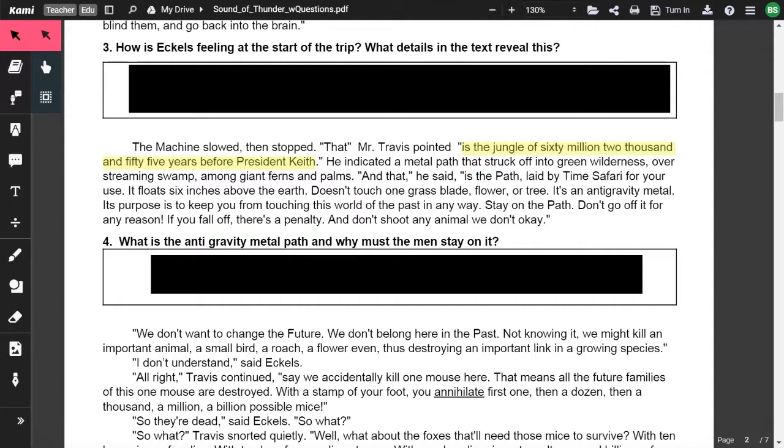It floats 6 inches above the earth, doesn't touch even one blade of grass or one flower or any of the trees. It's an anti-gravity metal to make it float, and its purpose is to keep you from touching anything in the world of the past. Stay on this path. Do not go off it for any reason. If you fall off, there is a penalty, a fine. If you shoot any animal that we don't tell you to shoot, there's also a fine.